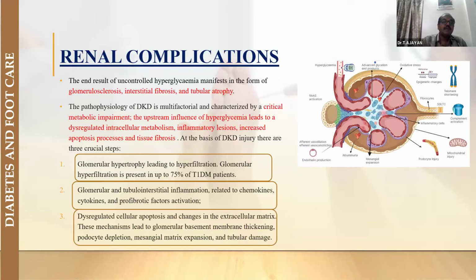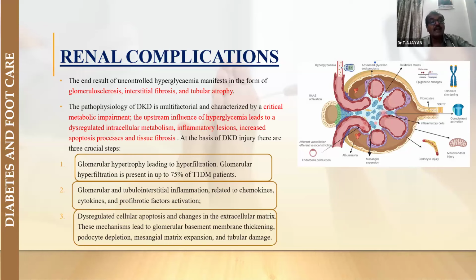In diabetic kidney disease with critical metabolic impairment, the upstream influence of hyperglycemia leads to dysregulated intracellular metabolism, inflammatory lesions, increased apoptosis, and tissue fibrosis. That is a crucial step.